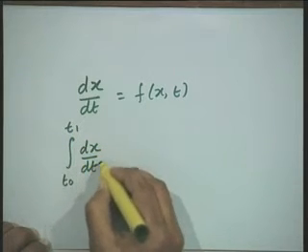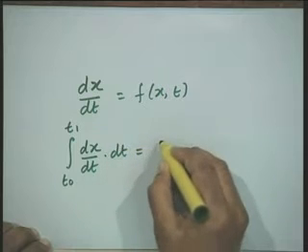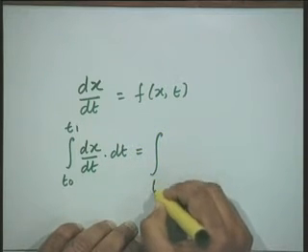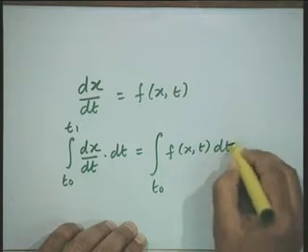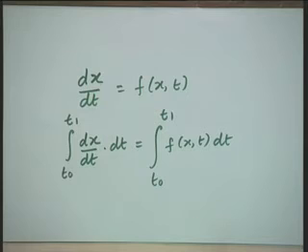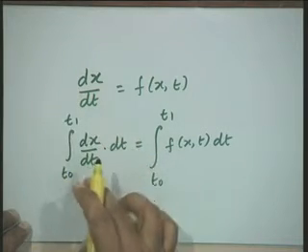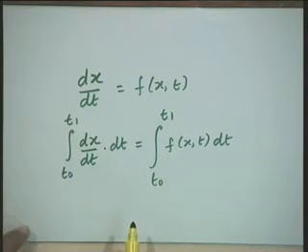This can be written as the integral of f of x, t dt from t naught to t1. Now, suppose you integrate and obtain this value, what is the value? It is delta x, or x1 minus x naught.